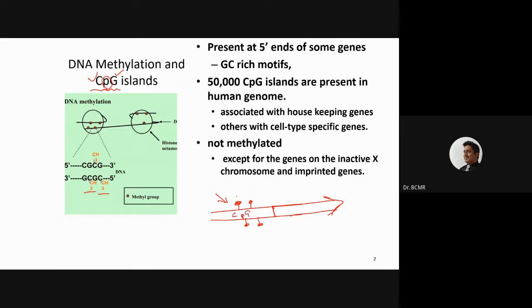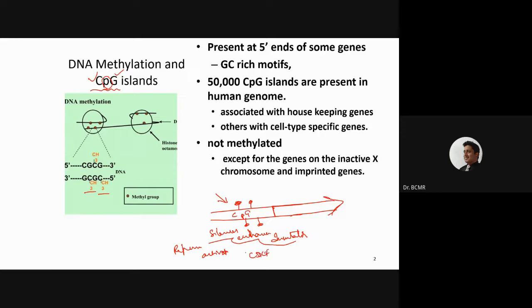There are also regulatory regions of several types: silencers, insulators, or enhancers, and so on, to which different types of proteins will bind. To each of them, you may have a repressor binding, or an activator, or other proteins like CTCF.